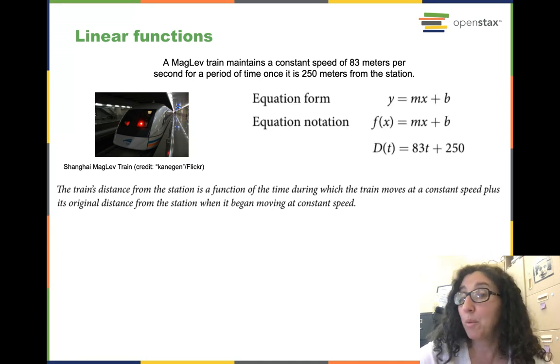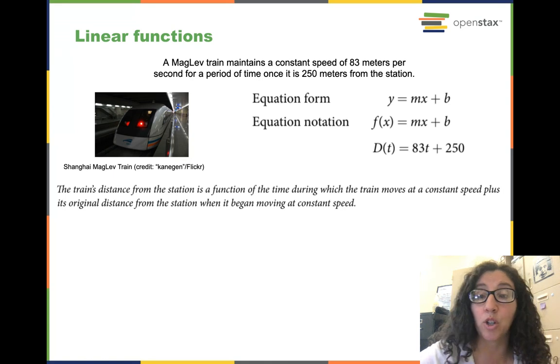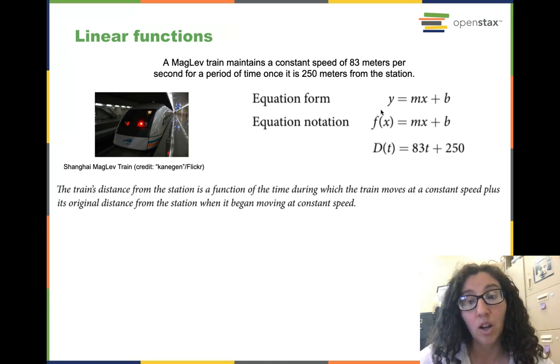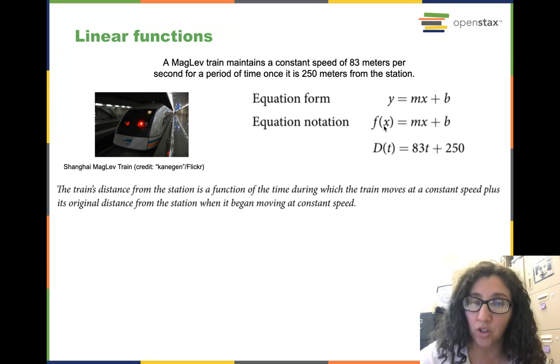Okay, and we could represent this in a bunch of different ways. We could use equations, right? We could use a linear equation, which has this form y equals mx plus b. We often say it that way, but using function notation, we could write it as f of x equals mx plus b, where our input is going to be the time and the output will be the distance from the station.